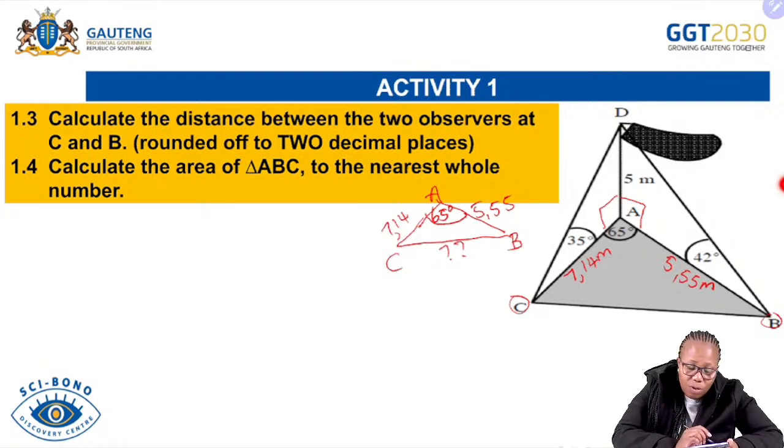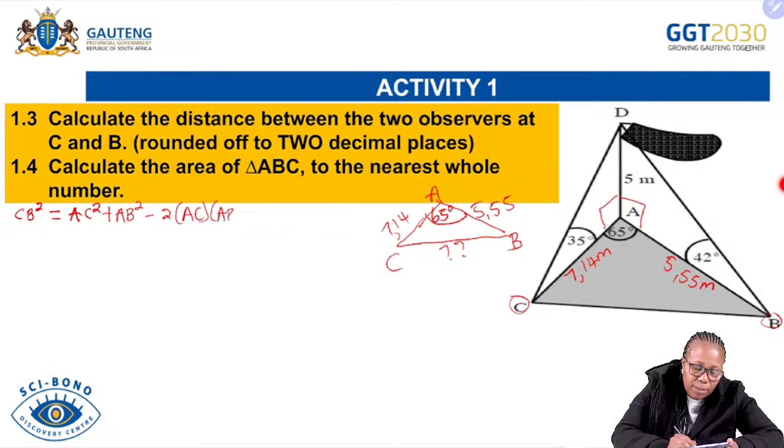We can now go cosine. The unknown side is CB squared equal to the other 2 sides, AC squared plus AB squared minus 2 times this AC side, the AB side, times the cos of the angle that is corresponding to that side.